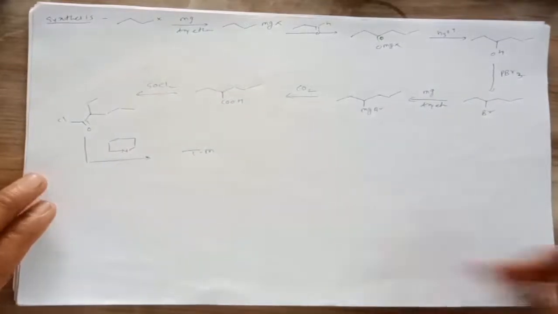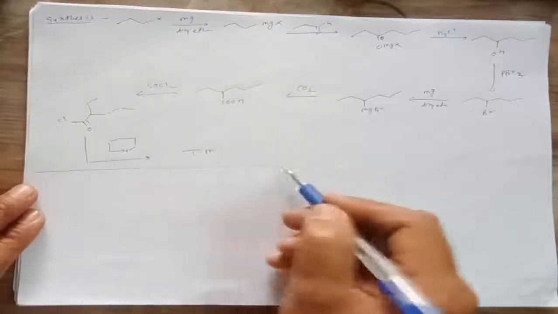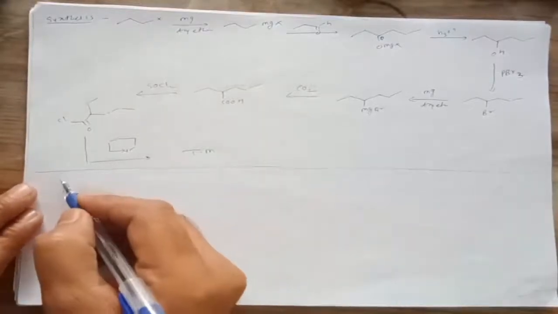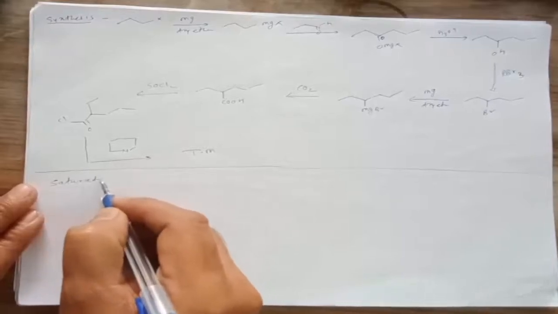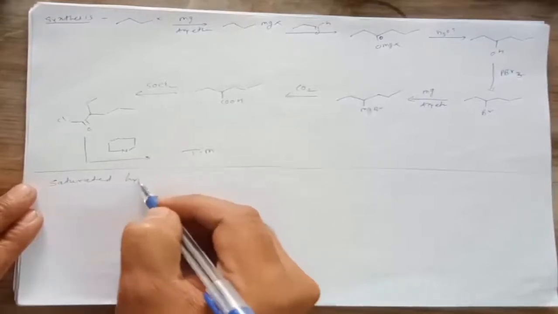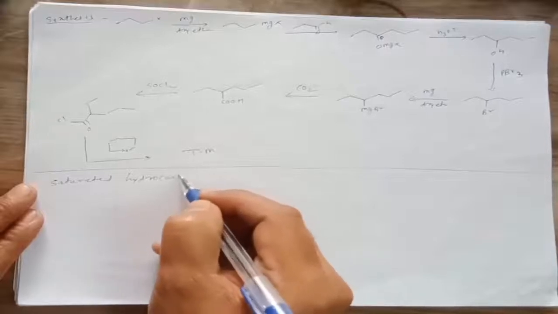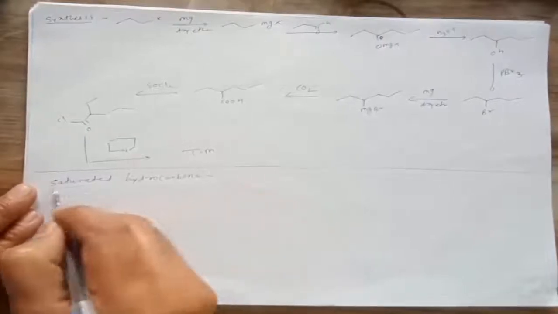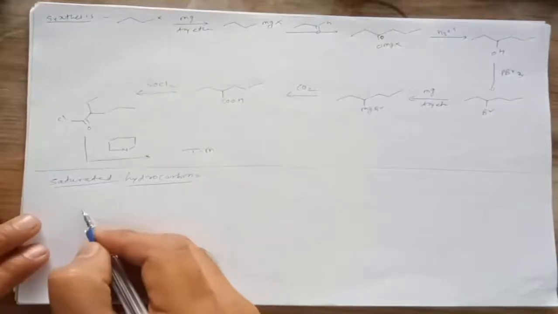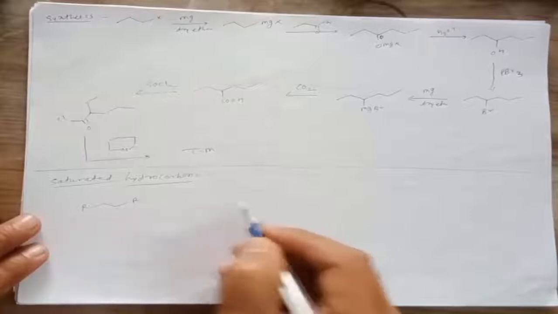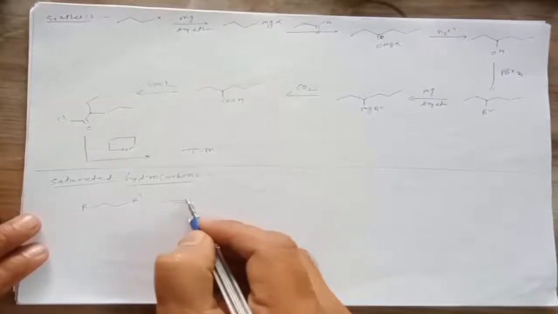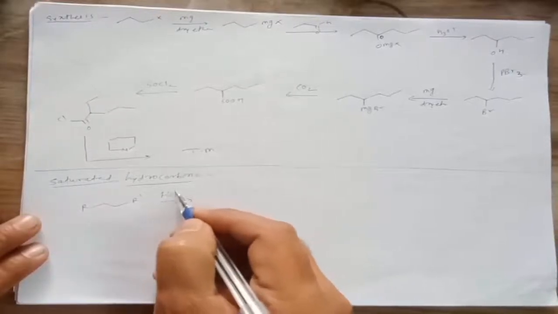So let us take another functional group. Another functional group we can take is saturated hydrocarbons. Suppose we have saturated hydrocarbons containing such type of functional group, then we can break this molecule by functional group interconversion.